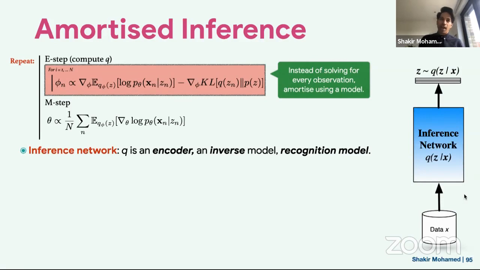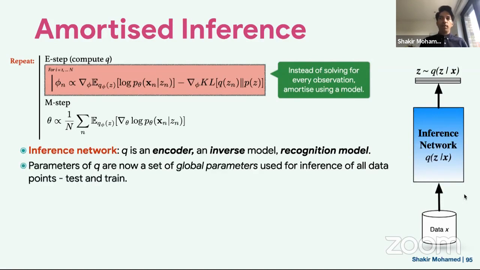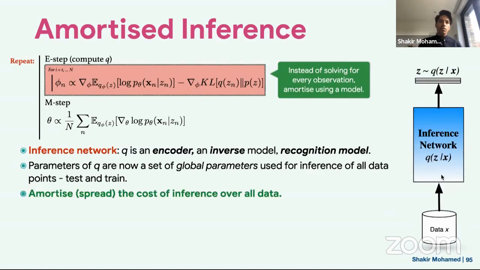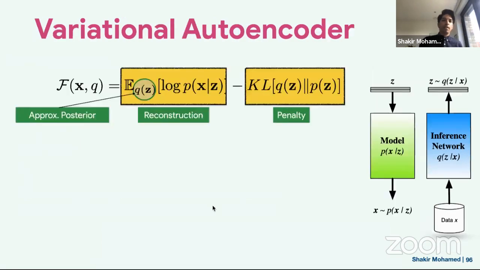And so that was where the idea of an inference network came into play, sometimes called an inverse model, an encoder, or a recognition model. And now, instead of having these variational parameters that you're optimizing for every data point, you have a set of global parameters of the inference network. And this idea helps you spread the cost of doing inference between different data points, which is why the word amortization is being used.